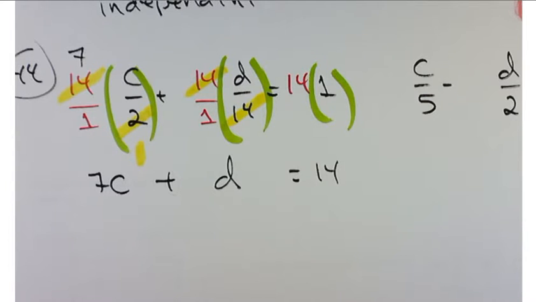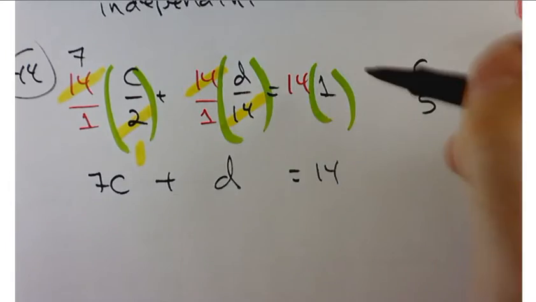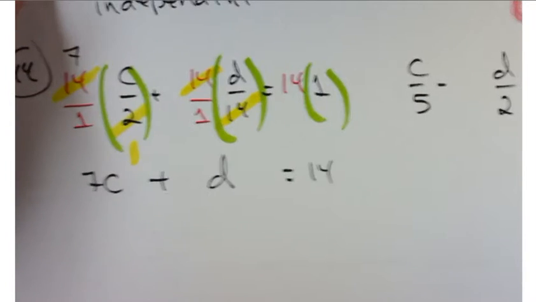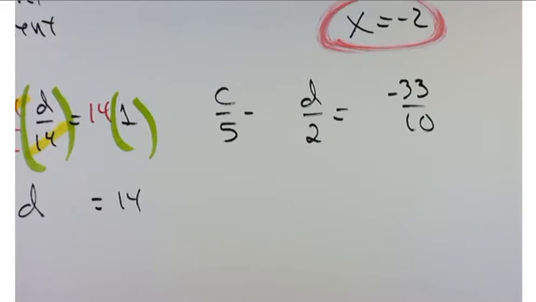Shane, would you agree? Does that look a lot better than what we started out with? Okay, all right. Thumbs up from Shane. Good. Let's move over to this one. What am I going to multiply by here to clear out all the fractions? 10. Yeah. This time we're going to multiply by 10.